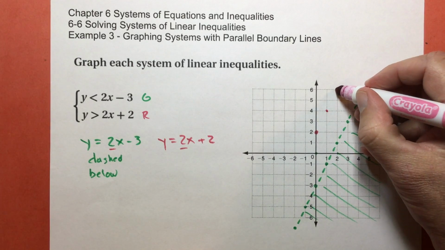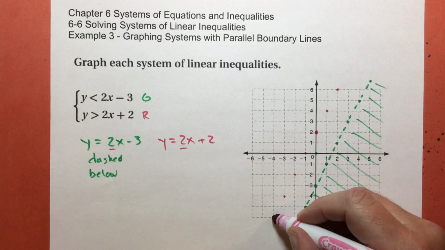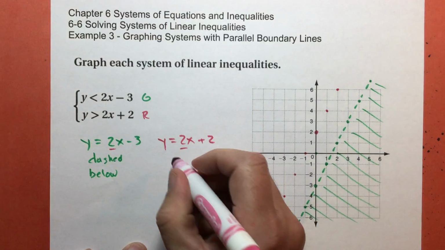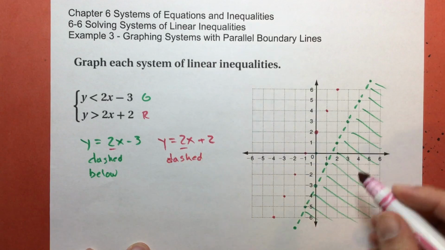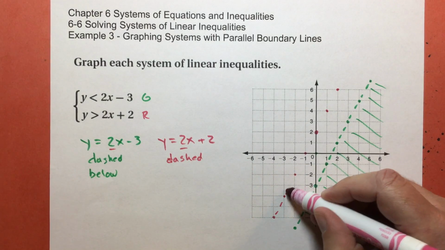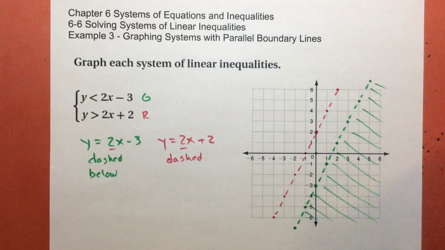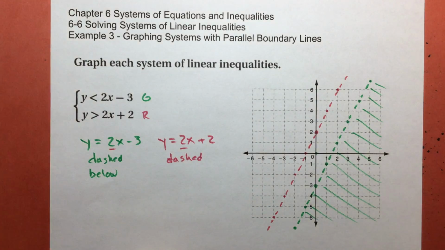Using my slope of 2, here's the direction it's going to go, and again it's going to be dashed. So it'll look like this. And yeah, I could have gone off a little bit further.